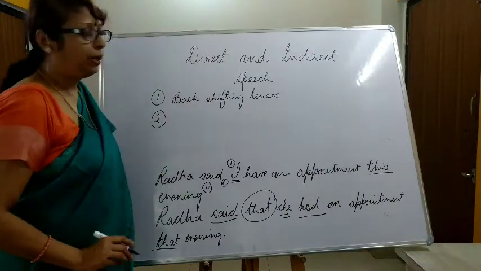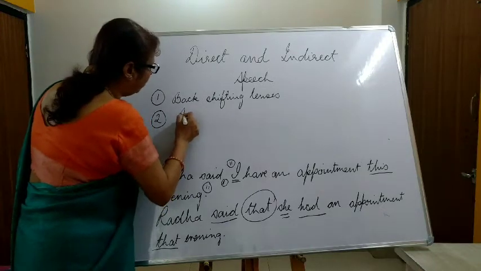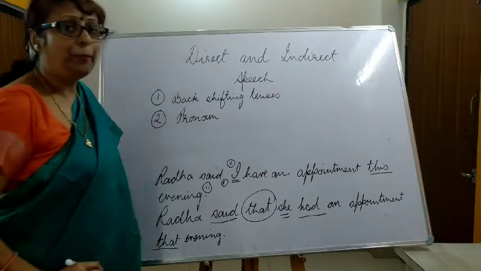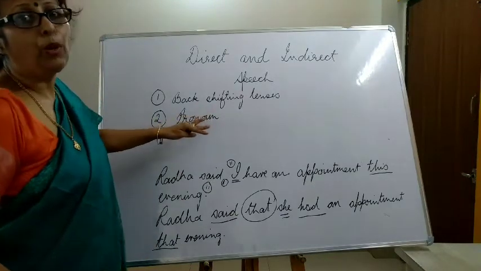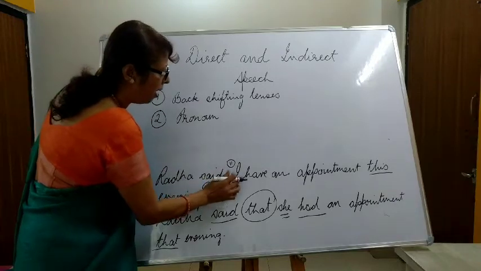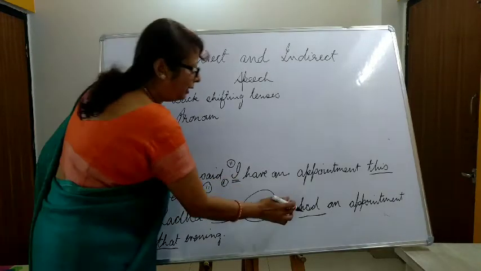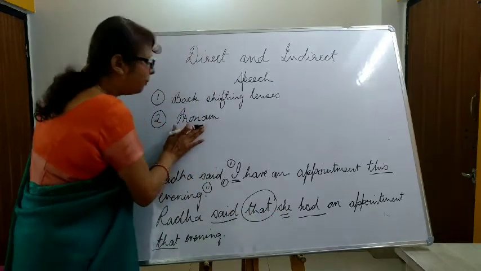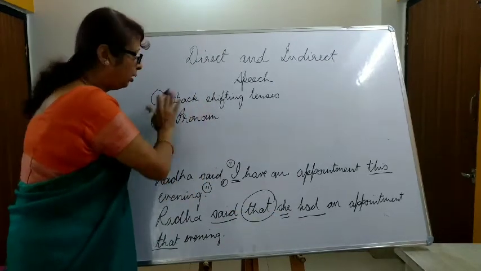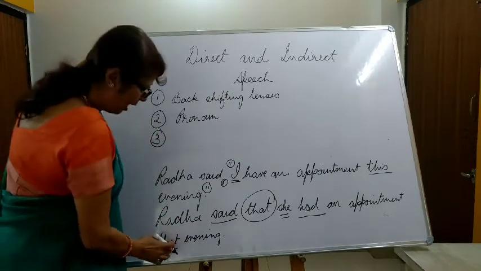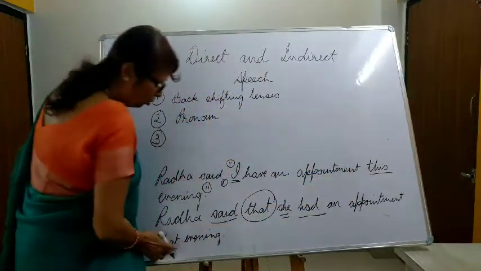The second point is the pronoun. Another very important thing that you have to remember is that the pronoun changes. Here you can see in the direct speech we are having I as the pronoun, and here in the indirect speech the I has become she. So I will be coming to all these points in detail. Now number 3, the third change, I told you that this has changed to that.